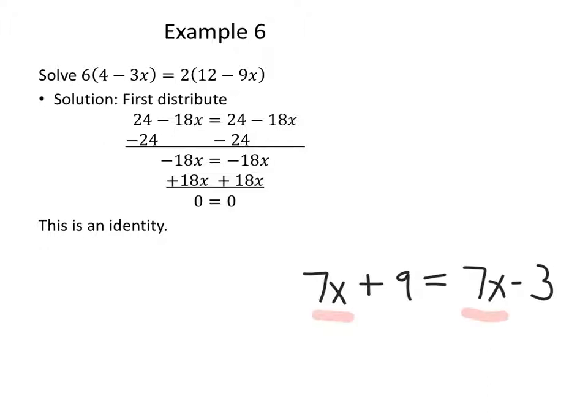That looks in common. So they're balanced with that, but the number portions are not balanced. And since 9 is not the same as negative 3, this might be where you had that inkling of, hey, something's wrong. And that's where we got the contradiction. Whereas in this example 6, we end up with 0 equals 0. Everything looks great. And that's why it's an identity.